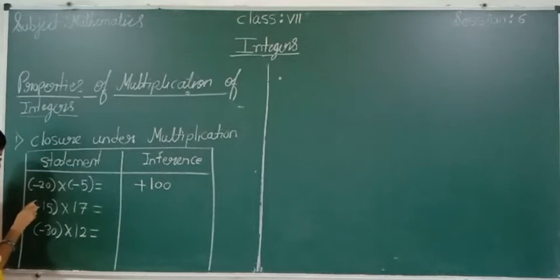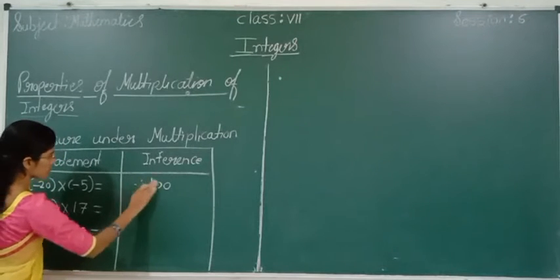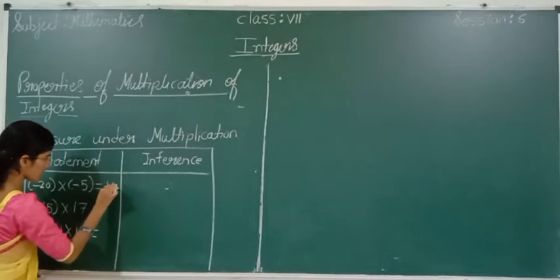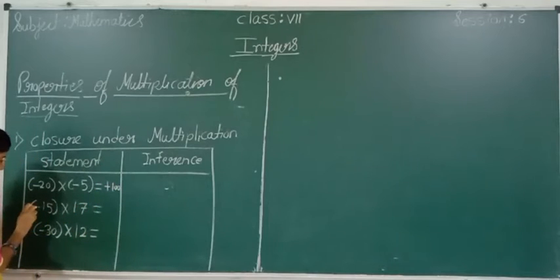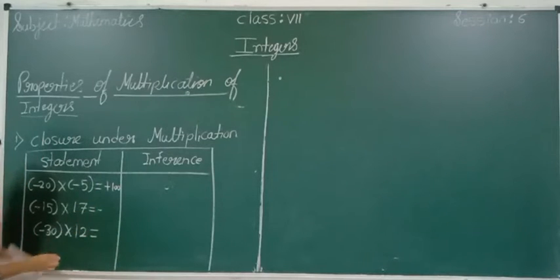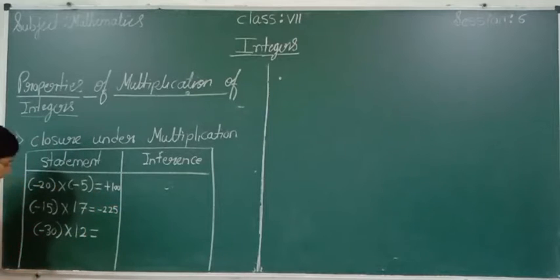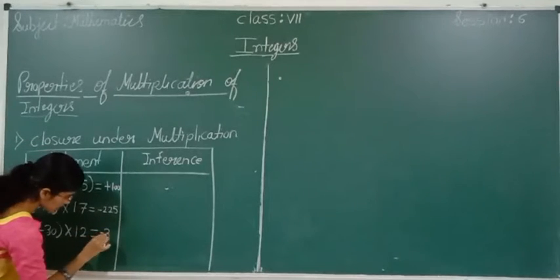When we multiply a negative integer and a positive integer, we will get the answer as, you write here, plus 100. When we multiply a negative integer and a positive integer, we will get the answer as a negative integer. What is 15 into 17? That is 225. Minus 30 into 12 is minus 360.